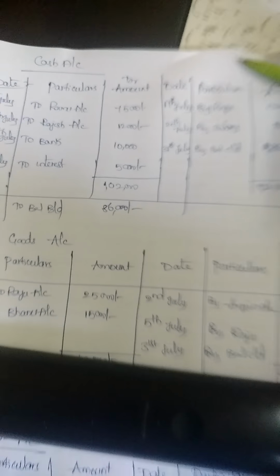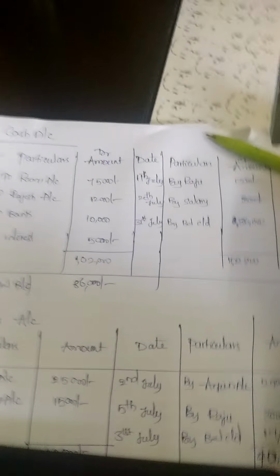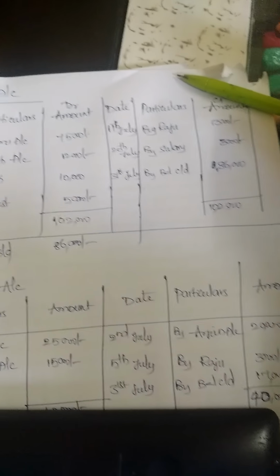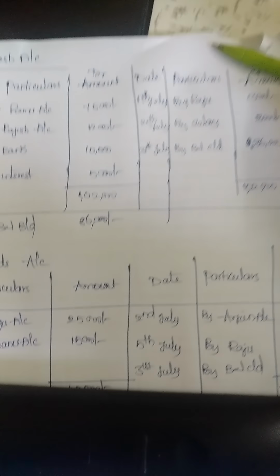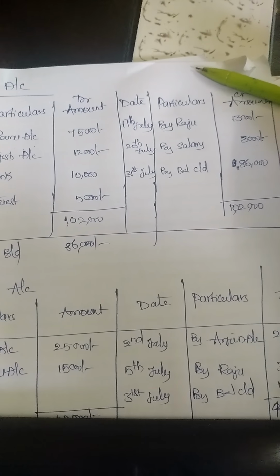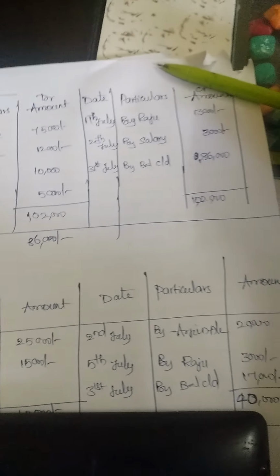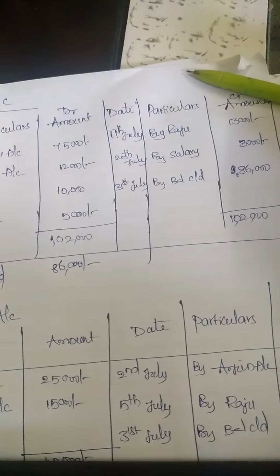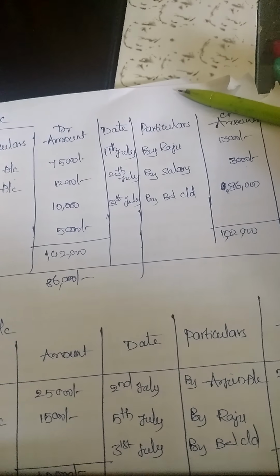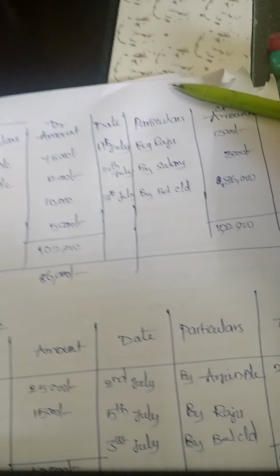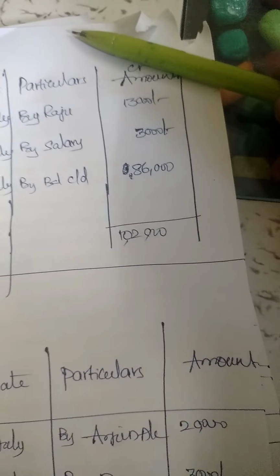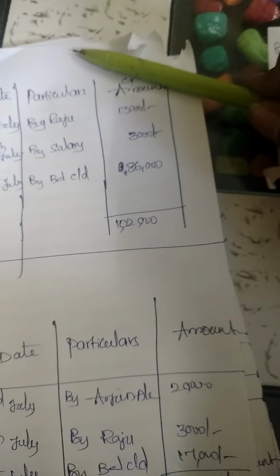The information we are providing under debit side and credit side is fulfilled according to the cash account, but the total amount under debit side and total amount under credit side is completely different. Here the debit amount is 1,02,000 rupees and the credit amount is only 16,000 rupees.